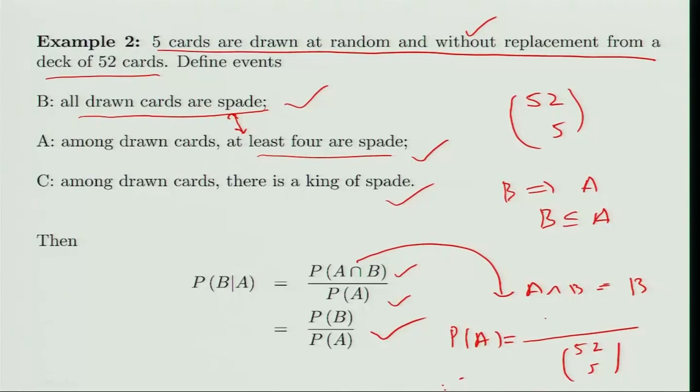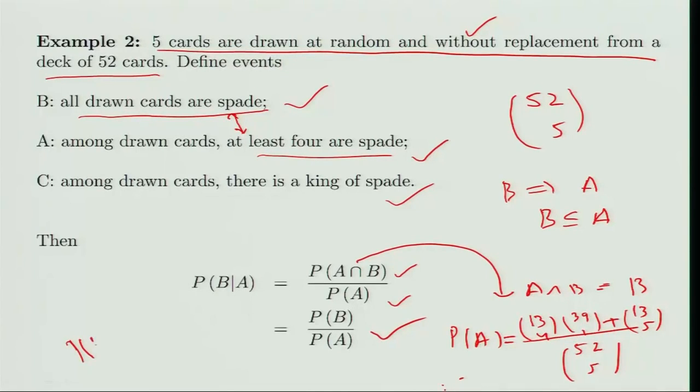So let us look at the total number of cases in which you can get 4 spade. There are 13 spade cards, so you get 13 choose 4, 4 out of those cards, and 1 card you get from the remaining 39 cards. Then all 5 are spades, that can happen in 13 choose 5 ways. So that turns out to be the probability of A.